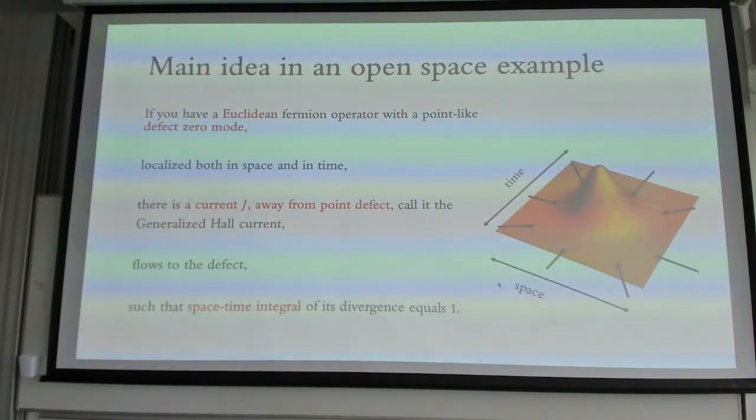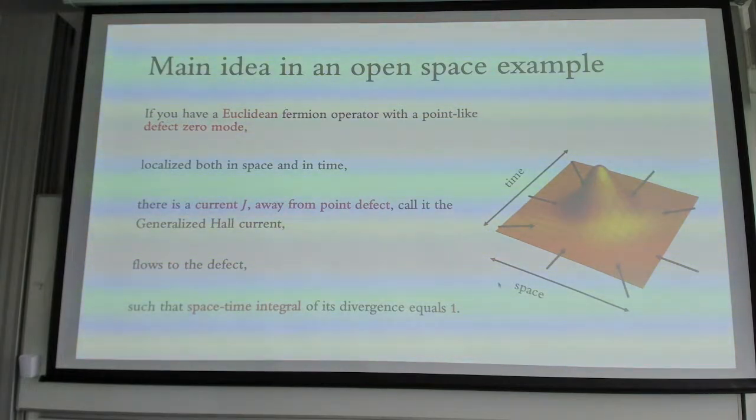So here's the main idea on which the construction is based. If you have a Euclidean fermion operator, let's say with a point-like defect zero mode, so here I'm drawing both space and time, and I'm drawing the zero mode of a particular Euclidean operator that is localized in space-time, okay?